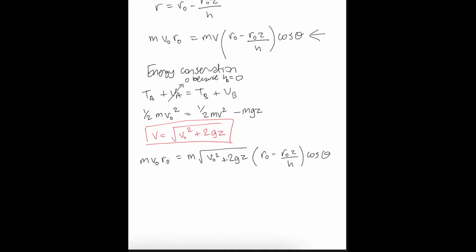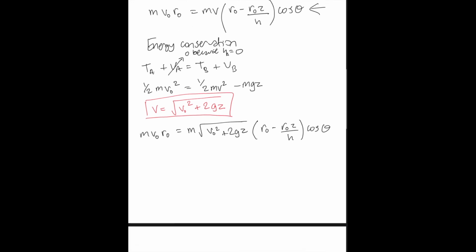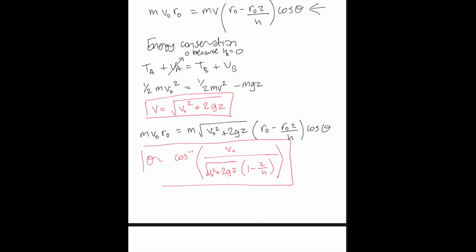And once we simplify all of that, we get theta is equal to cosine inverse of v naught over the square root of v naught squared plus 2gz, times 1 over (1 minus z over h). And that's our final answer for theta.